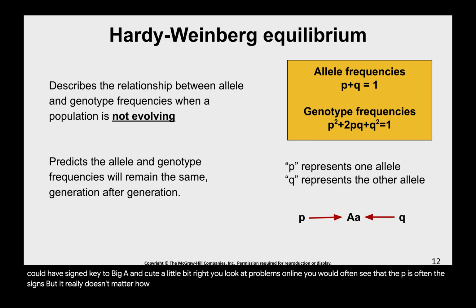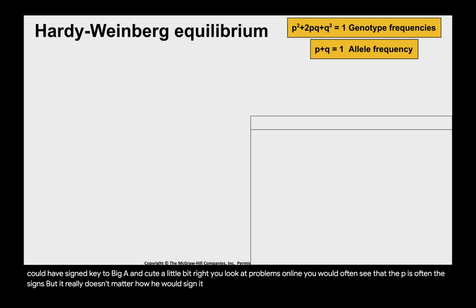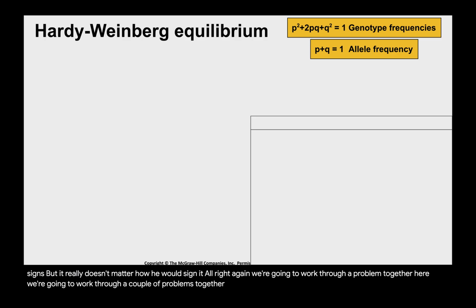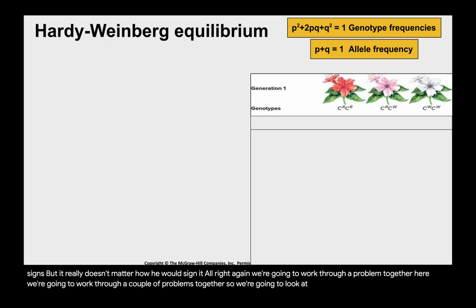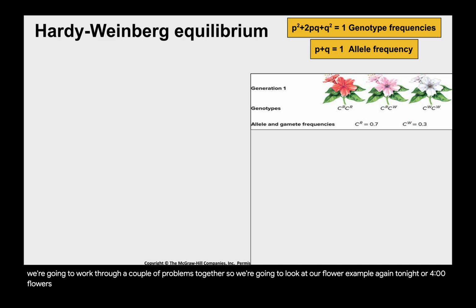All right, we're going to work through a couple of problems together. We're going to look at our flower example again, our four o'clock flowers. We already know what our allelic frequencies are. We already calculated this out.